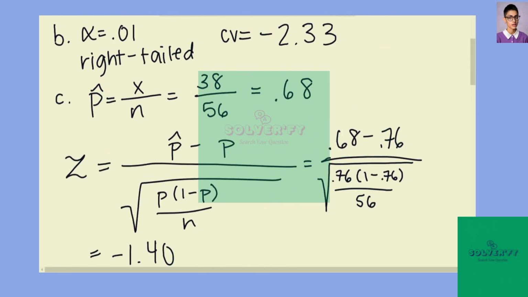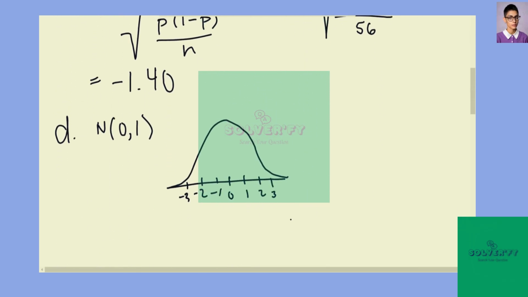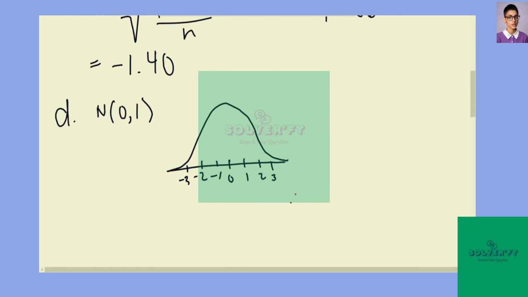Now let's draw in our critical value of negative 2.33 and shade in our critical region.